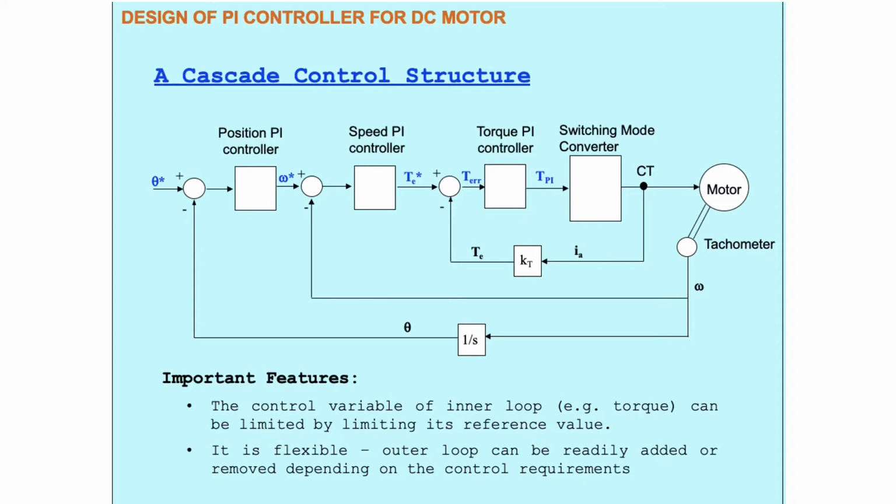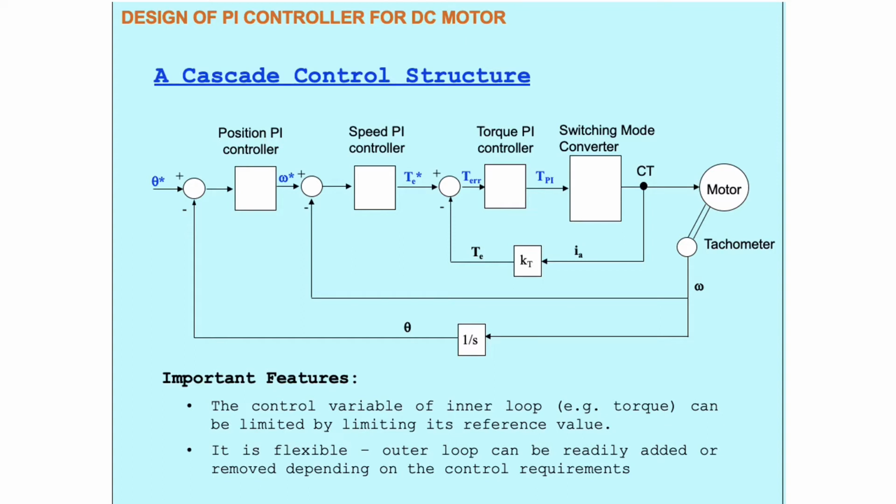The torque PI controller inputs torque and outputs the value calculated by the torque PI controller, and the switching mode converter receives the signal from the torque PI controller and regulates the torque needed by the motor.